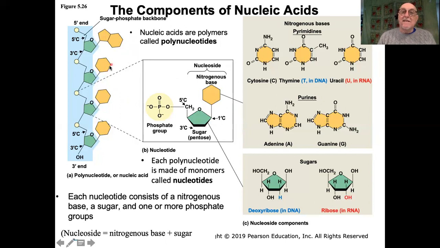If I've got a cytosine here, I must have a guanine there. If I've got a guanine here, I must have a cytosine there. If I've got a thymine here, I must have an adenine there. Just remember that: A to T and C to G. Adenine to thymine, cytosine to guanine. They always match up across the middle like that.